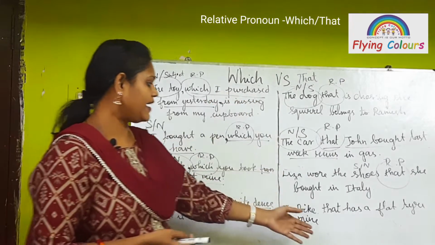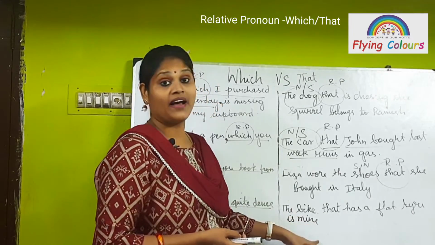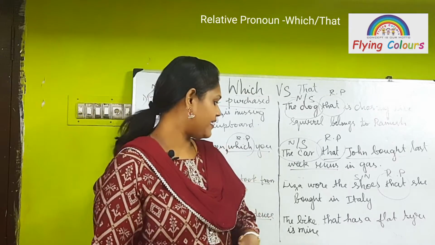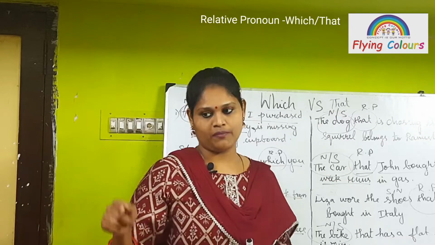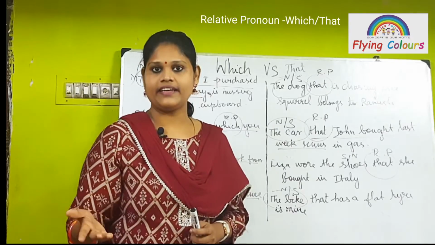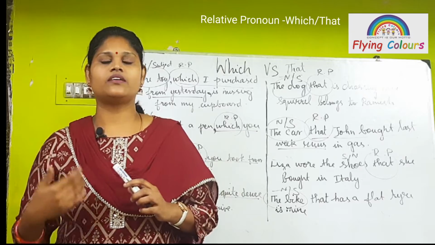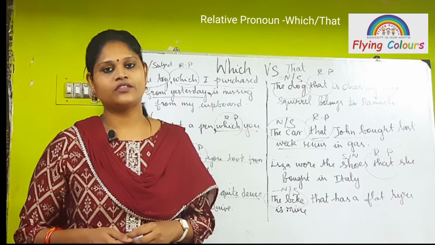Coming to that: The bike that has a flat tire is mine. I am talking about my bike, with the flat tire. The bike is the noun. The bike that has a flat tire is mine. And one more point: you cannot use punctuation marks when you use that.